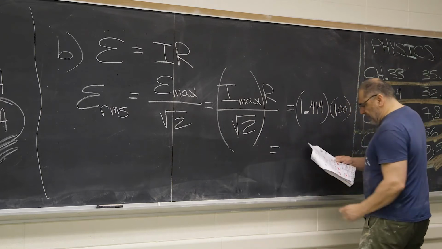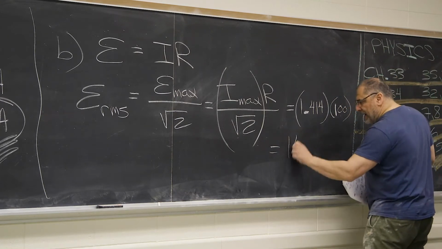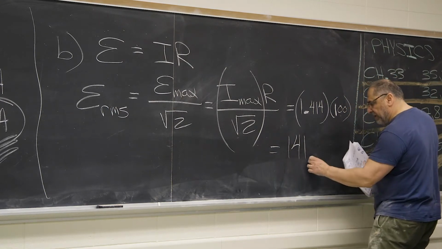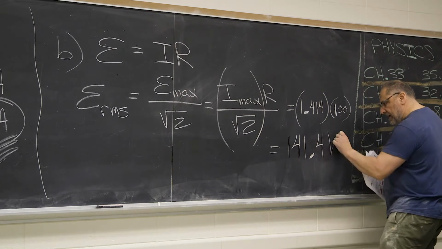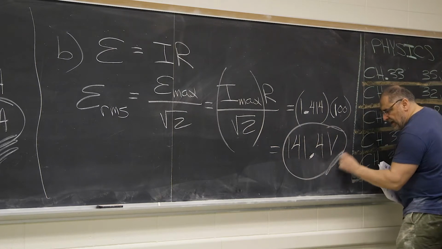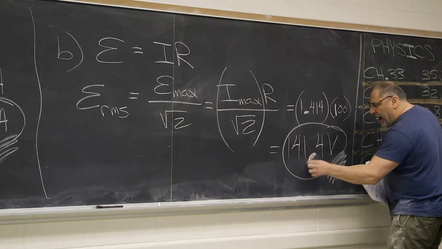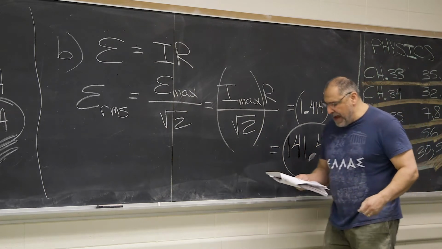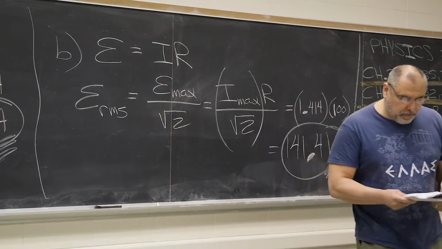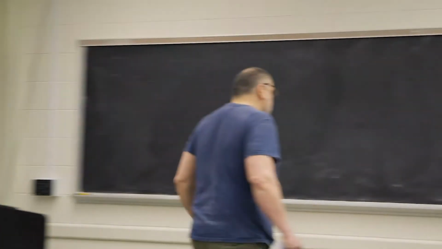I gave the numeric value right, but I should not have said amps. I should have said volts. Somewhere I made a mistake, but this is correct. The numbers are right. I just put the wrong unit on there. I put amps initially, and it should have been volts. Be aware of that.